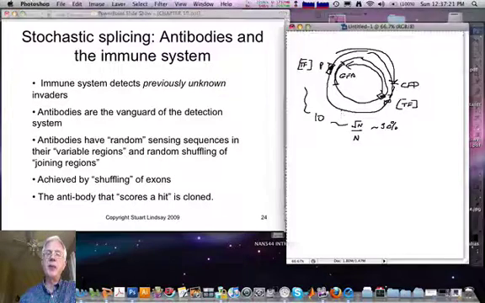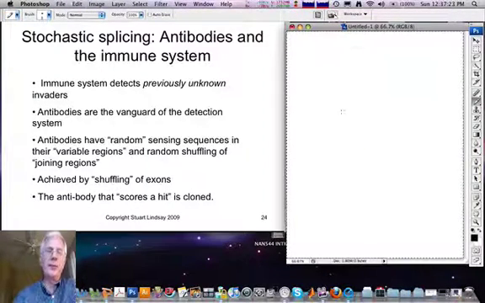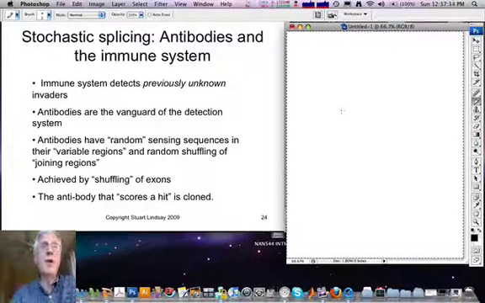Perhaps the first example of a system in which this occurs are antibodies. Antibodies in the immune system are really incredible and hard to understand if one thinks about them deterministically. It turns out that antibodies are generated with an incredible array of combinations of amino acid sequences in part of their structure called the variable region.